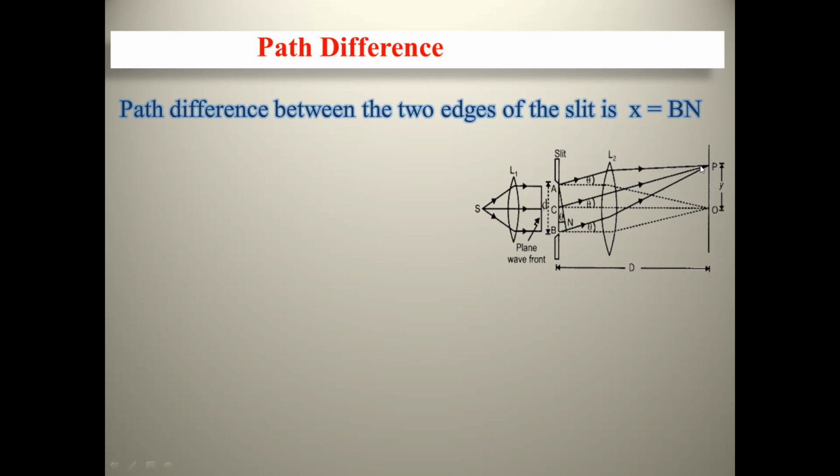There is no optical path difference between AP and NP. So the path difference between AP and BP is BN. So BN is the path difference between the edges A and B of the slit. Let it be x. x is equal to BN.